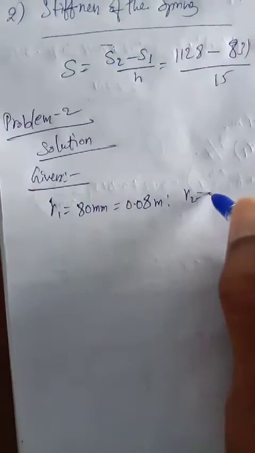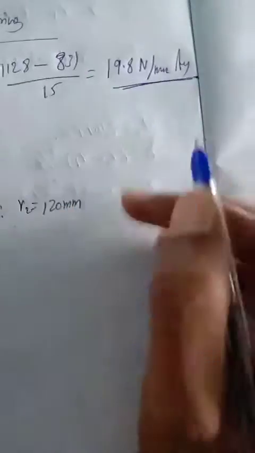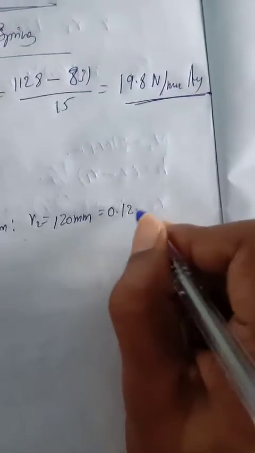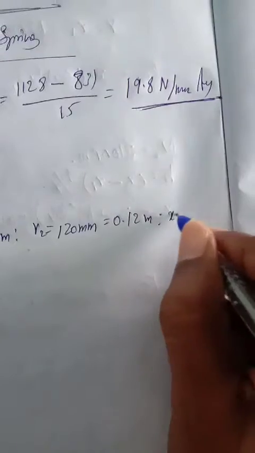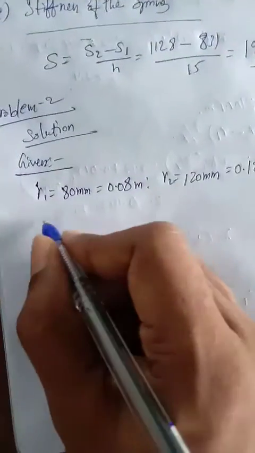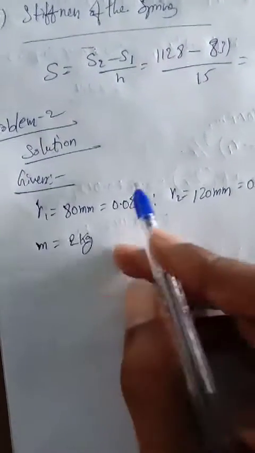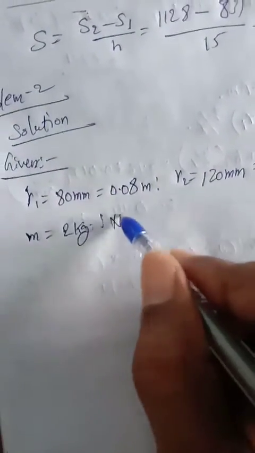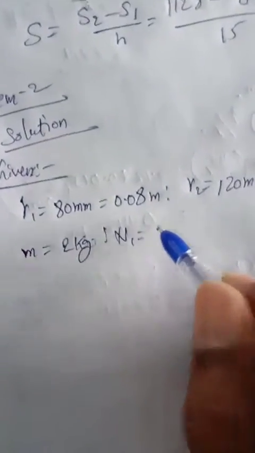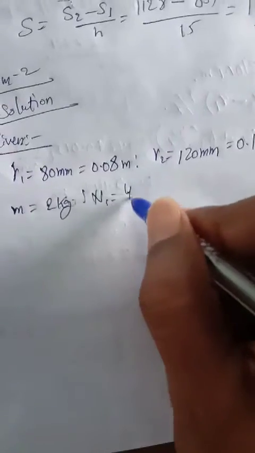Then R2 is equal to 120 mm, so that is equal to 0.12 meter. So X is equal to Y. Then M is equal to 2 kg and N1 is equal to 400 rpm is given.